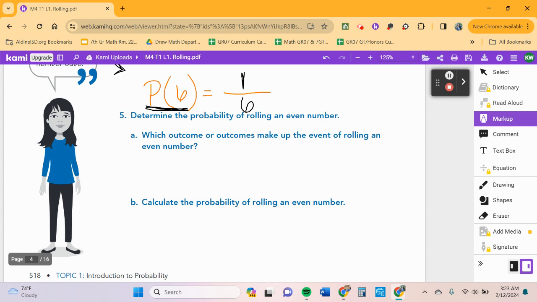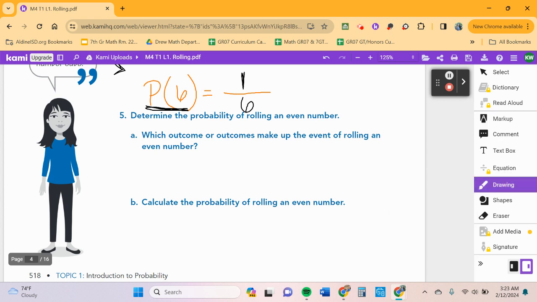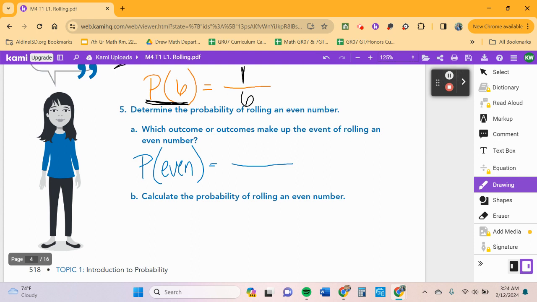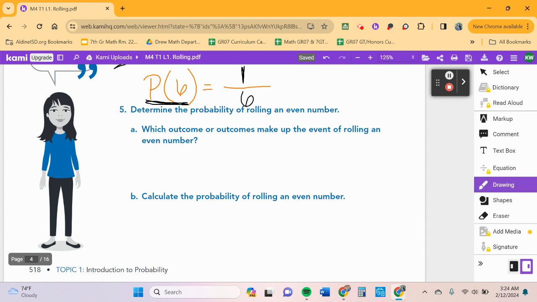So, what that looks like, let's do something to help you get started here. The probability of rolling an even number would equal what? I want to write this in the space underneath. There we go. Okay. So which outcome or outcomes make up the event of rolling an even number?